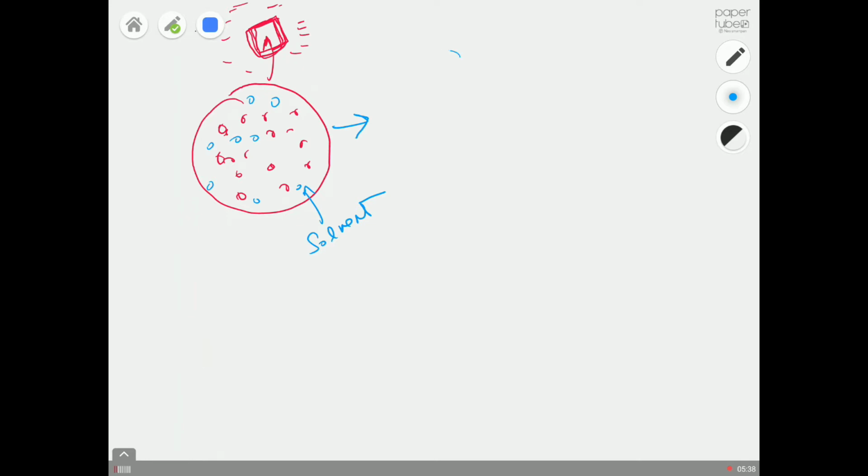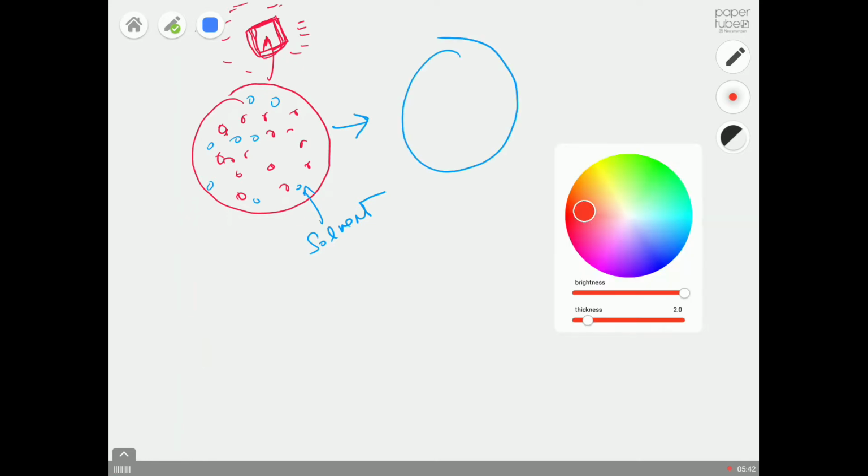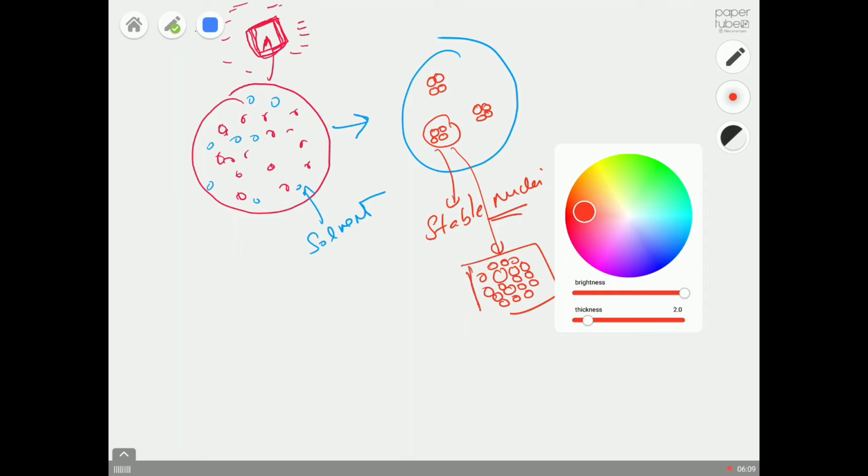So during nucleation, what happens is that solute molecules eventually come together and then they settle into stable nuclei. And these nuclei won't stop there, they will eventually grow. If you take one, after some time this will grow into a big crystal which you can observe under a microscope.